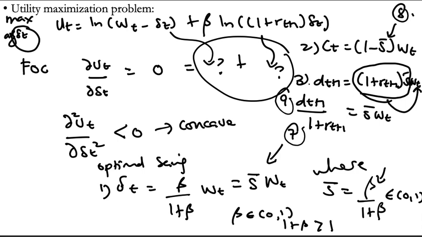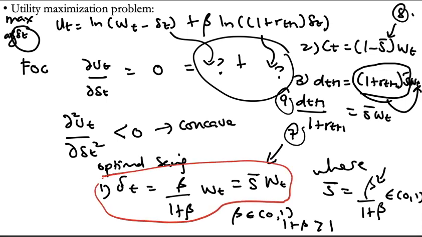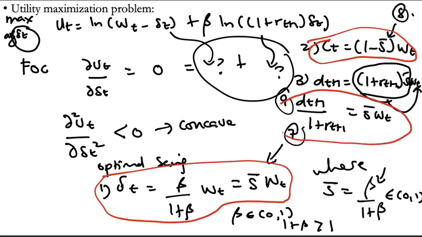Okay, let me use a different marker then. So we have optimal saving. We also have optimal current consumption during youth. We also have optimal consumption during old age.